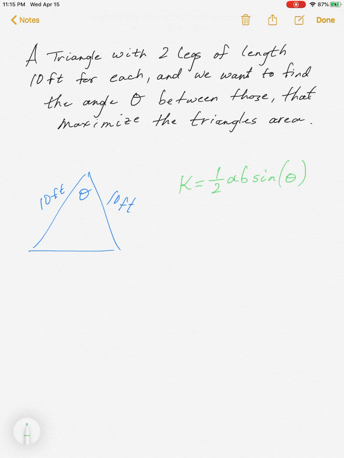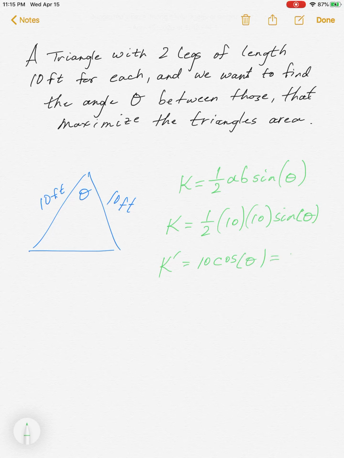Once we get the desired formula, we plug in the info: 1/2 times 10 times 10 times sine theta. Next thing we do is derive it. K prime equals 50 cosine theta.